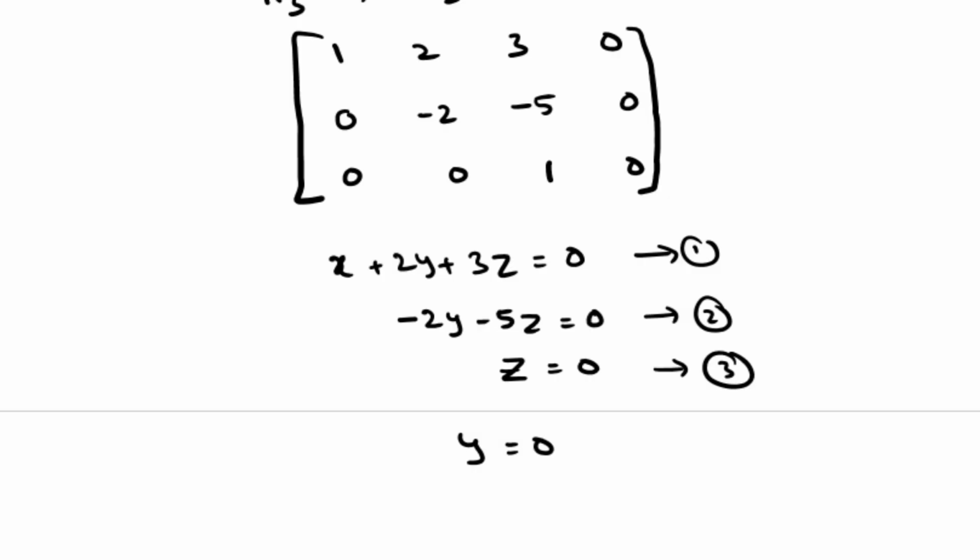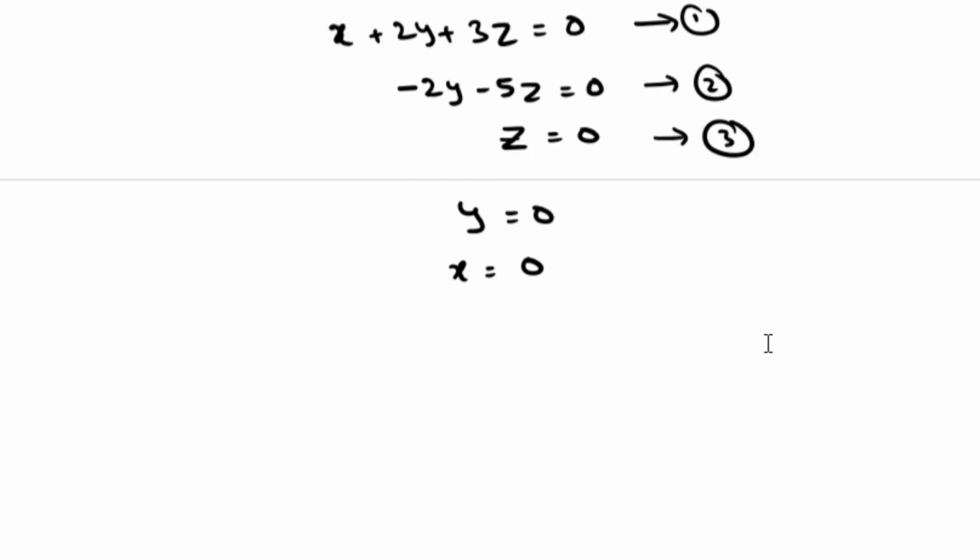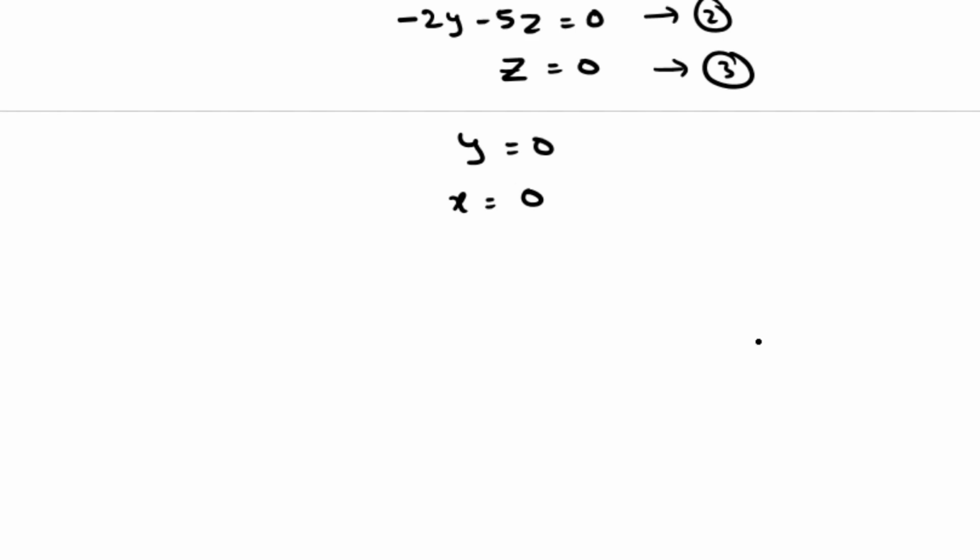If we substitute y and z in the first equation, the value of x is 0. Then x equals y equals z equals 0. All the equations are homogeneous equations, so the trivial solution is x equals y equals z equals 0.